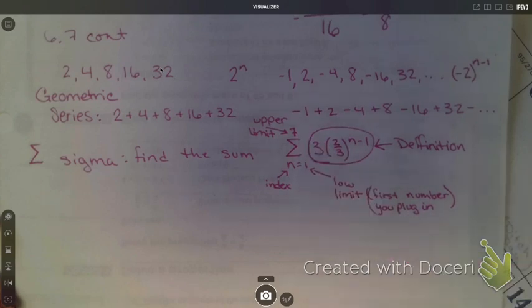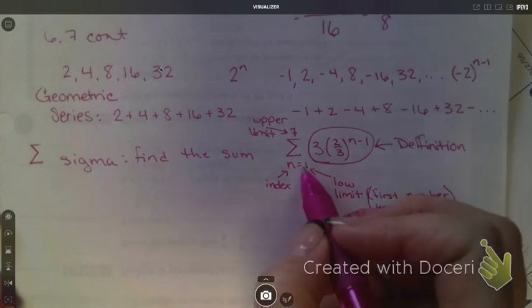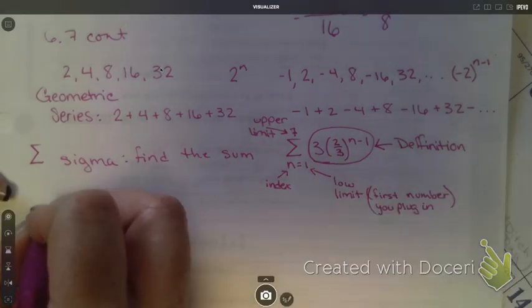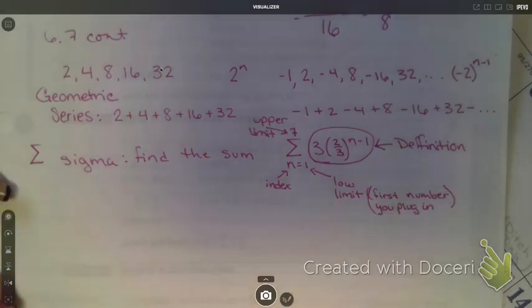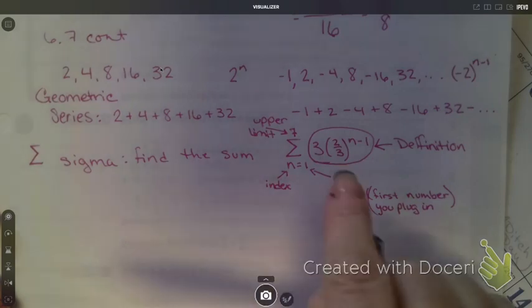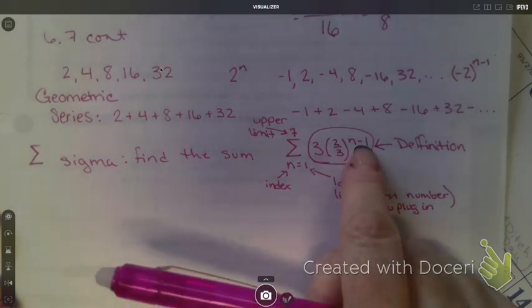You would plug in 1, 2, 3, 4, 5, 6, 7 and add them up. So if I plugged in 1, what would I get? 1 minus 1 is what? 0.